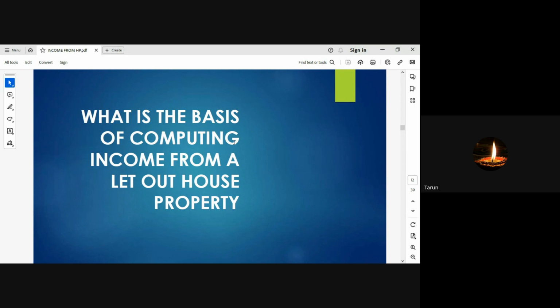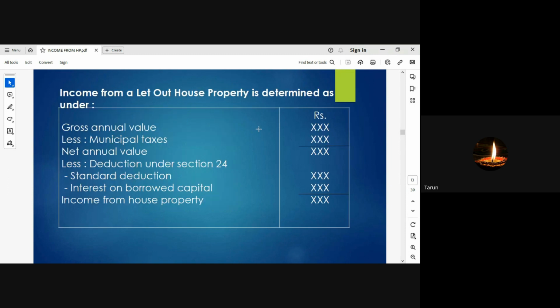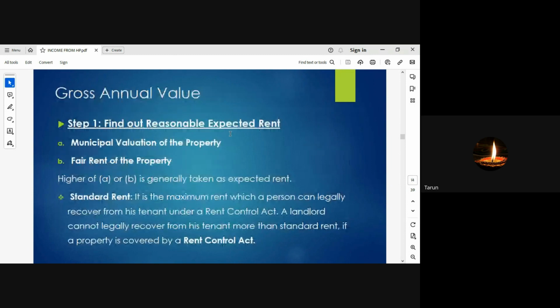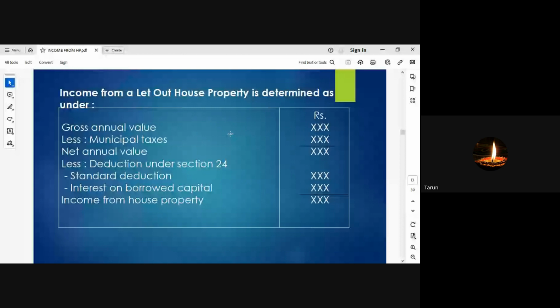So now we come to the practical portion: what are the terms used in the calculation of income from house property. This is the particular format used to calculate income from house property.